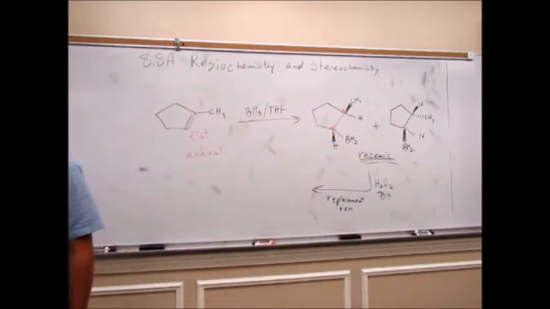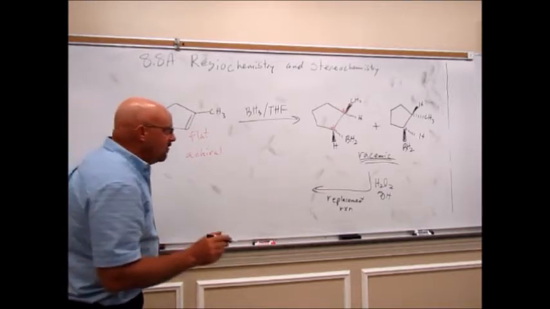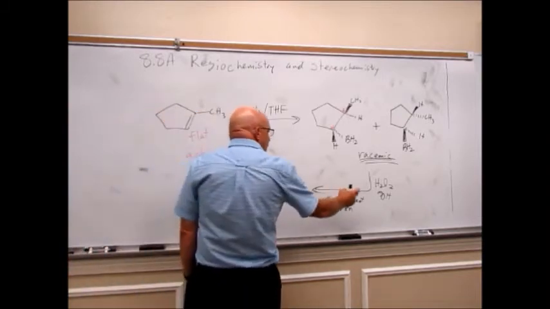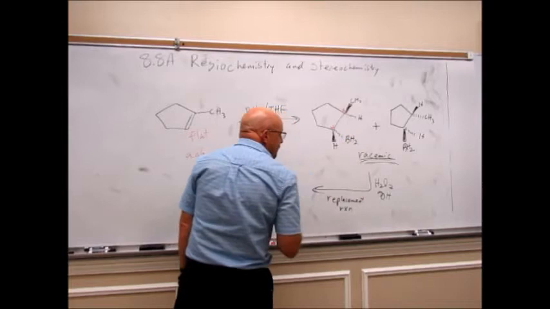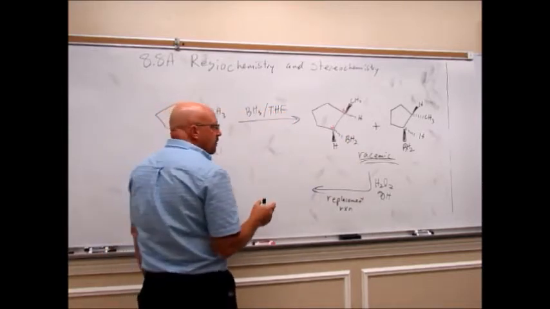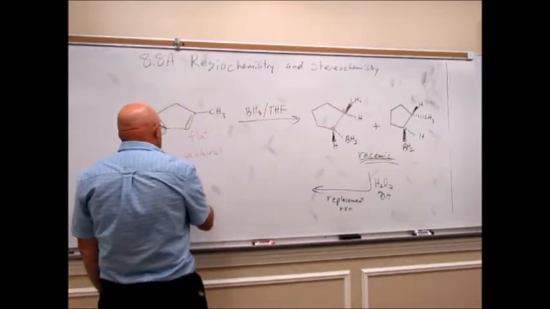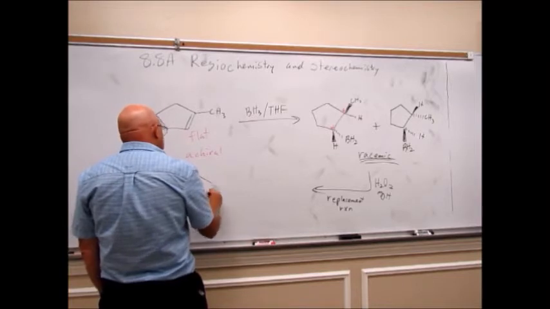Not 100% certain on the mechanism, but we do know that it just replaces and not substitutes. The replacement is that we get an OH that replaces, probably going through radicals, but it replaces the boron. It's not a substitution, it's a replacement.